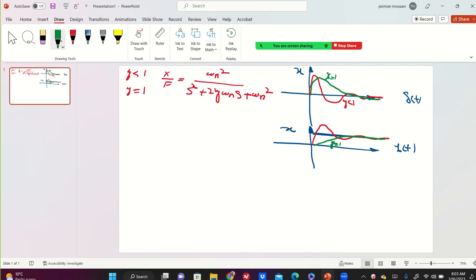Zeta is 1 here and zeta is smaller than 1 here. So here we found too many things.